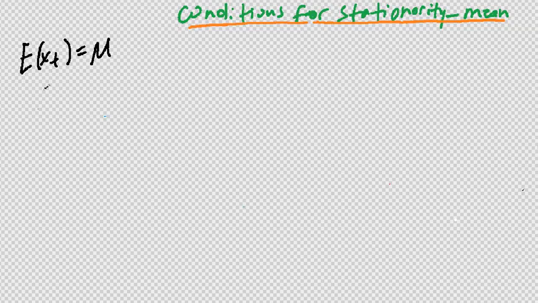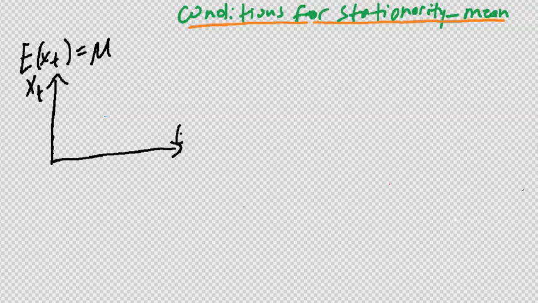And when we plot with our Cartesian plane, we will have our xt on the y axis, and t on the x axis. And when we are drawing the line, it is showing that it can move up and down, but with an upward trend.